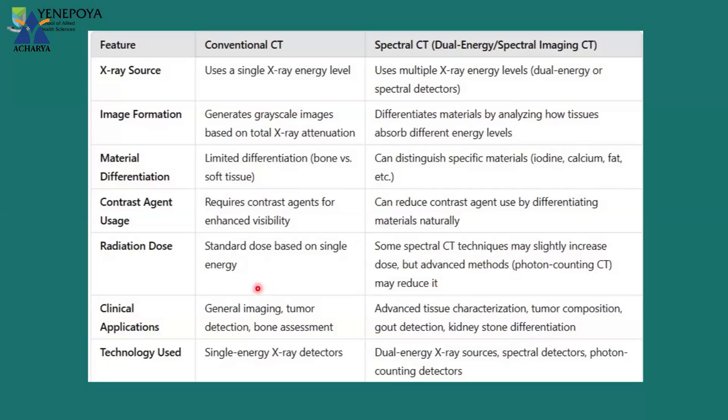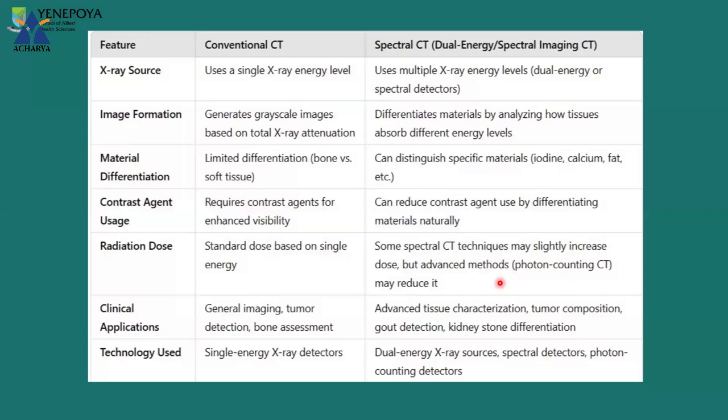Next, let's go to radiation dose. You know the standard radiation dose in conventional CT. But some spectral CTs may slightly increase the radiation dose. For example, dual source CT, or a CT where the acquisition is done separately at 80 kV, and then after rotation, again acquired at 140 kV.